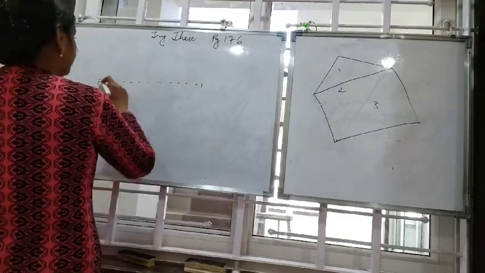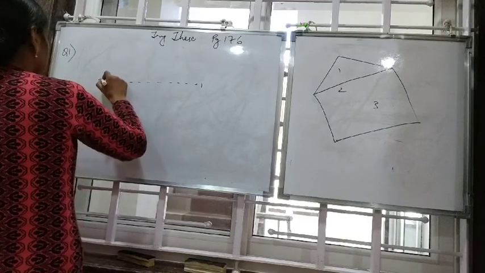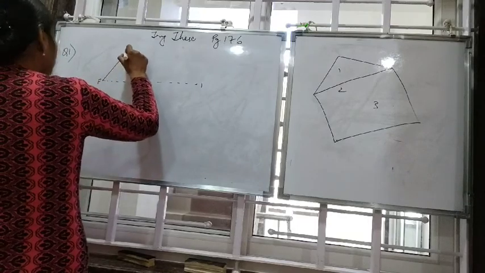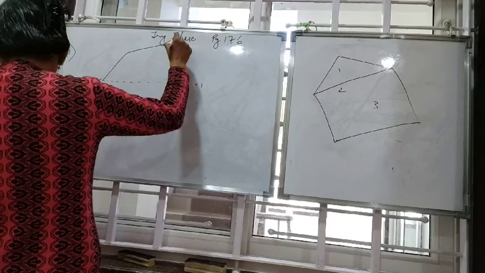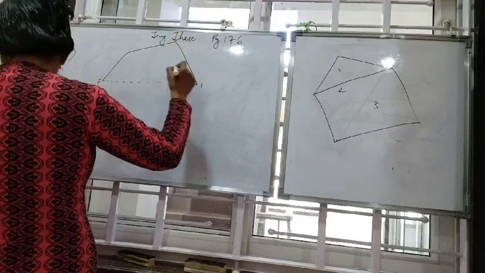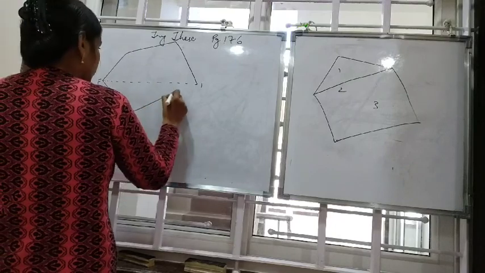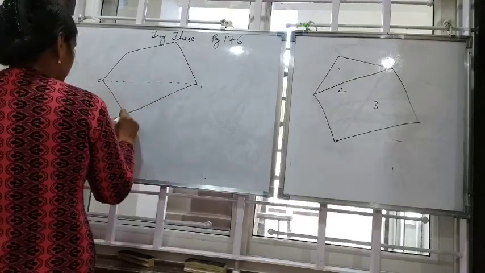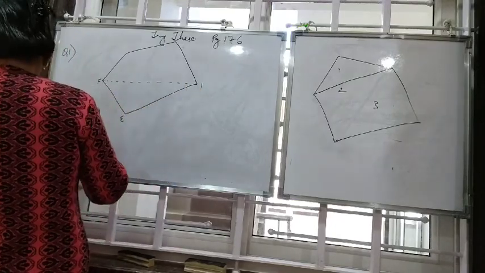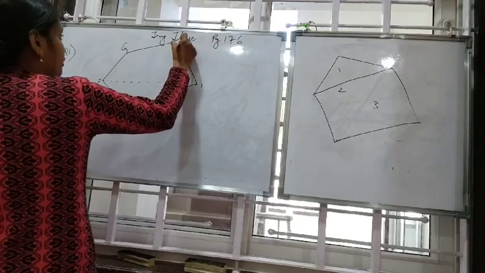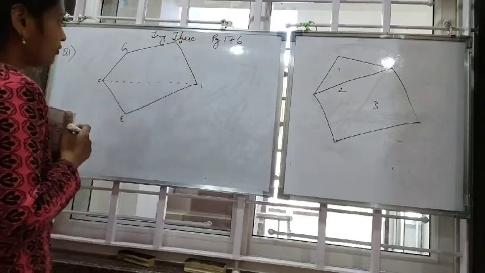This is I. This is E, F, G, H, I. So the polygon E, F, G, H, I.